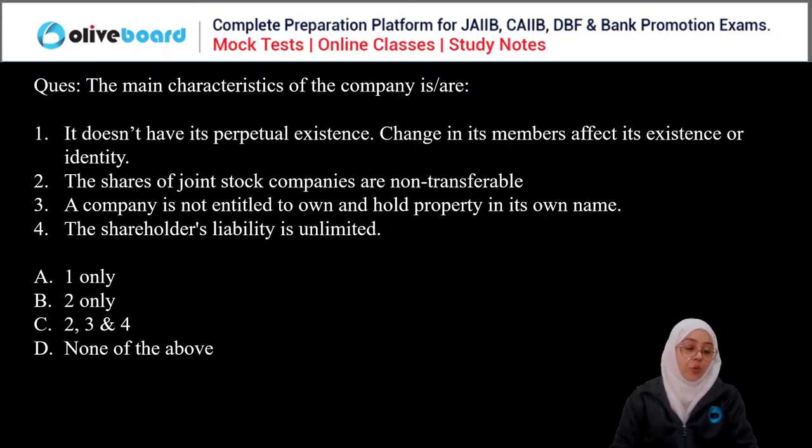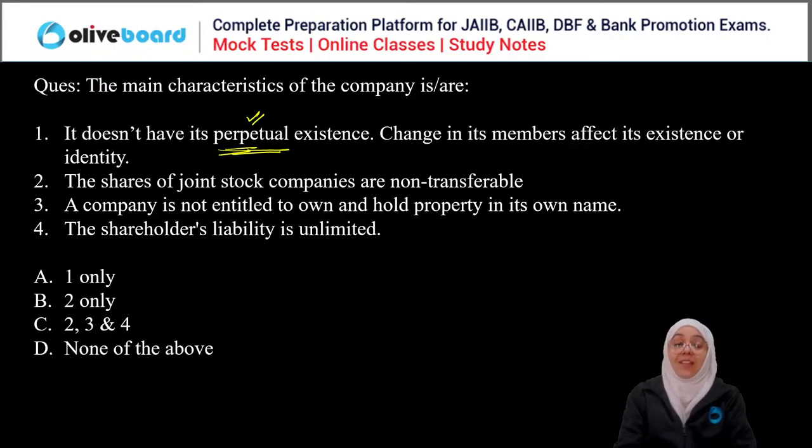Okay, none of the above. So, if you are saying none of the above, then what is wrong in each and every point? Let's discuss. First of all, it doesn't have a perpetual existence. Perpetual existence is one of the main things of a company.